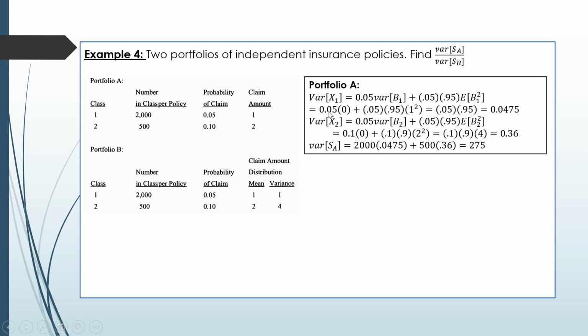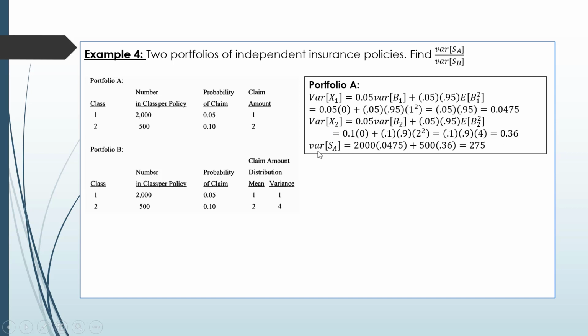So this equals 0.05 times 0, because the variance is 0, plus 0.05 times 0.95 times 1 squared. The answer for the variance of the first class in portfolio A is 0.0475. Similarly for the second class in portfolio A, the variance is 0.36.